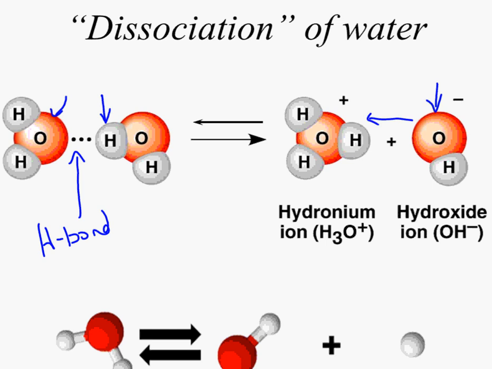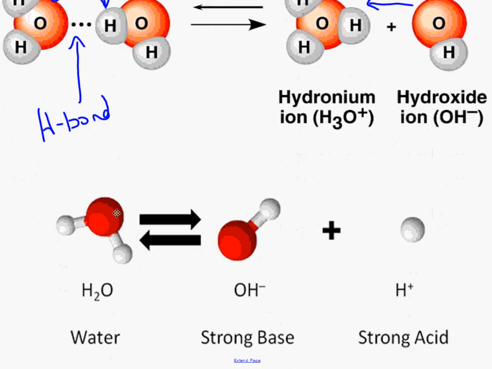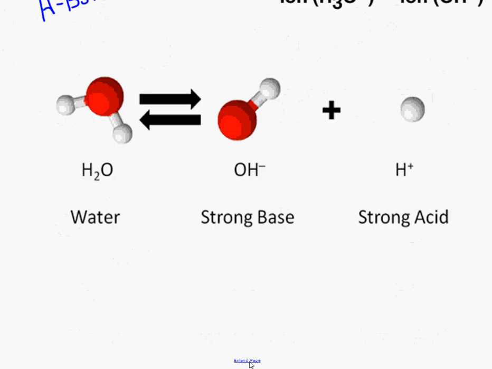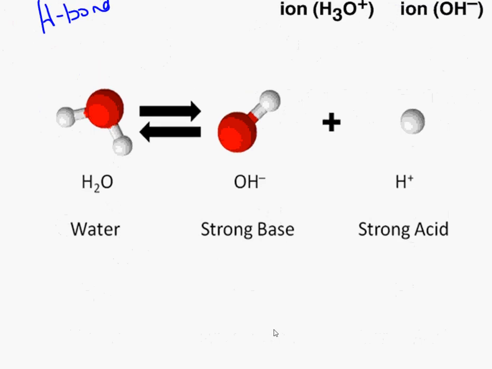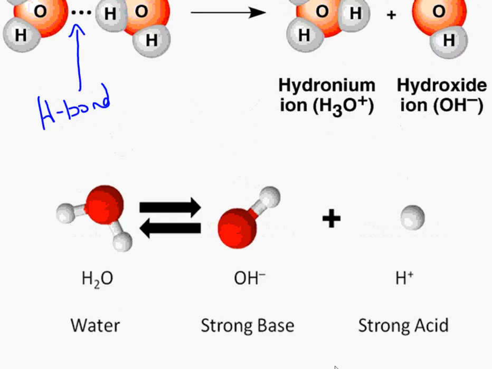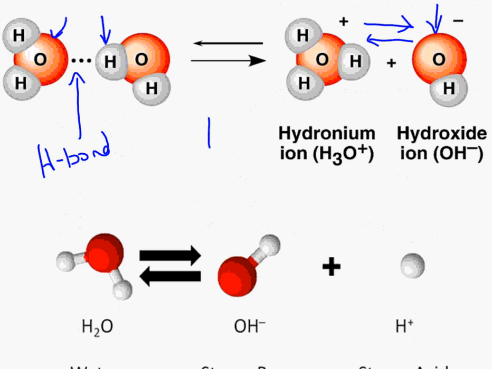And so in pure water, it's equally going both ways. Normally we won't talk about hydroniums or anything. We'll just talk about hydrogen by itself, which is really just H2O, or that hydronium. I'm going to show you this real quick just so you're not confused. H3O is just H2O plus a hydrogen ion.